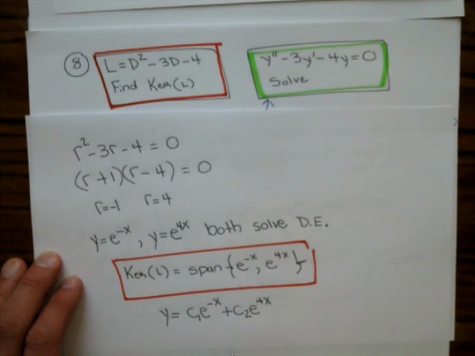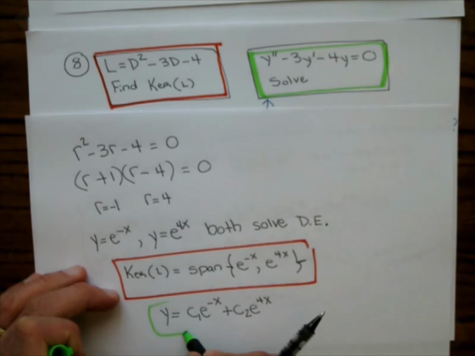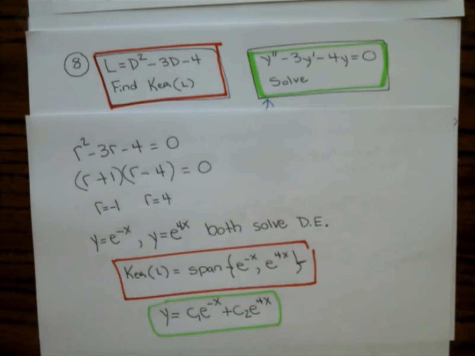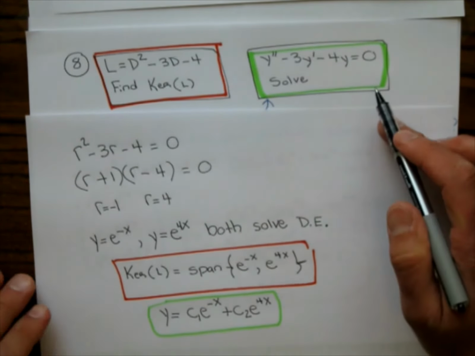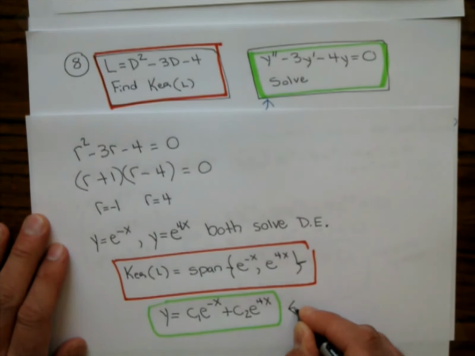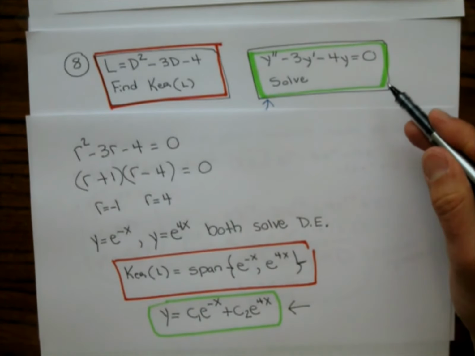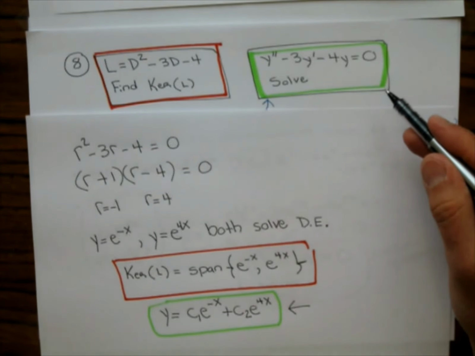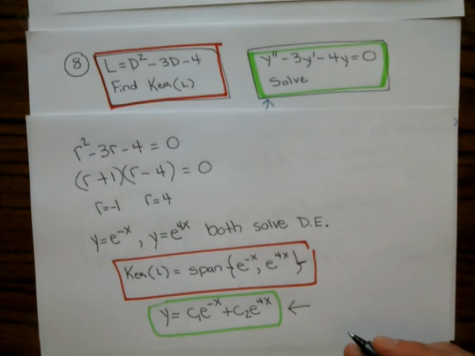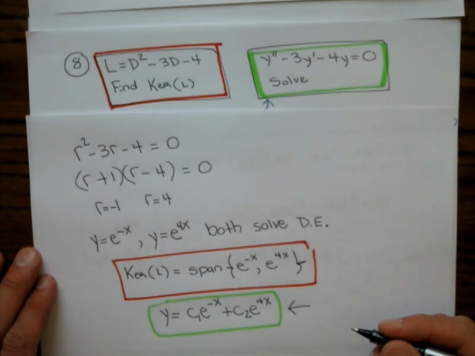It's pretty much the same thing. That's what the span of those guys happens to be. So this right here is the solution to this differential equation. And not only that, when we have a linear nth order, or in this case second order, homogeneous differential equation, you are actually finding a vector space of dimension 2.